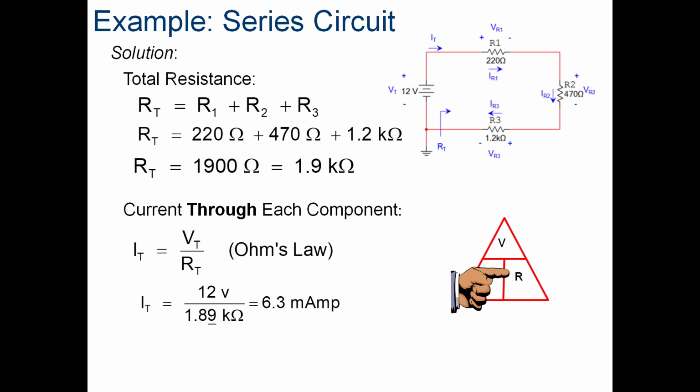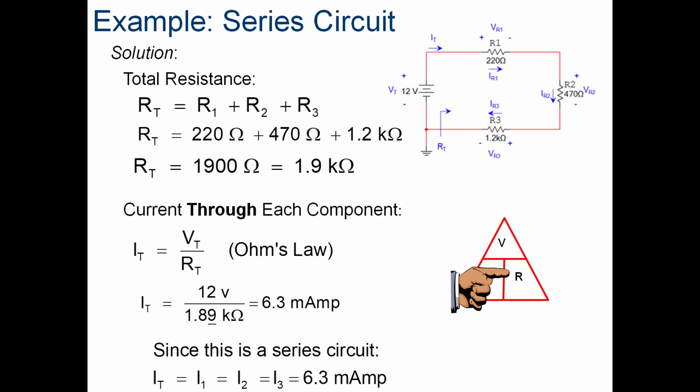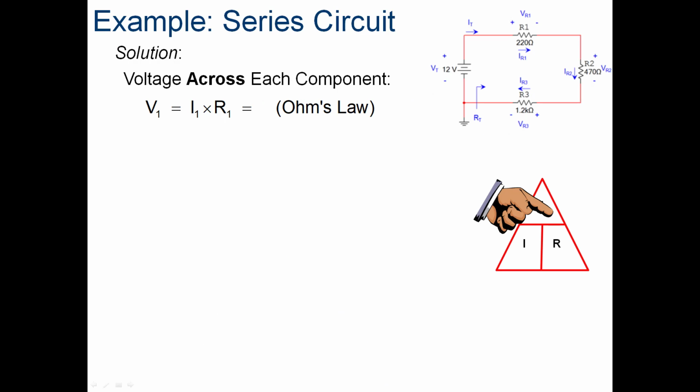So if I divide by kiloohms, I get milliamps. So since it's a series circuit, that current total is the same flowing through each element in the circuit.